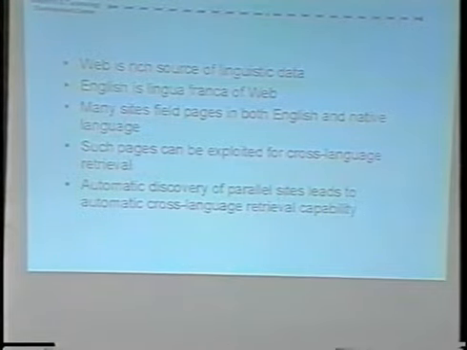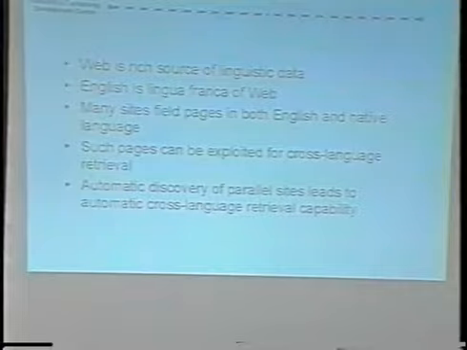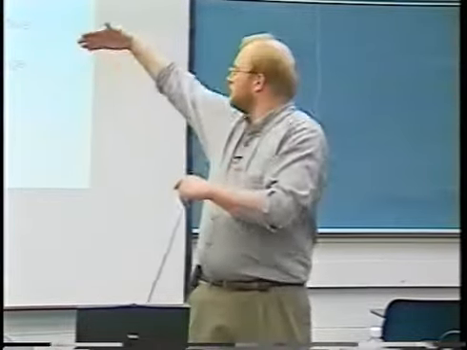That's changing now, but there's still a lot of sites out there that have both English and another language. And so if you can go out and find these things, then you have a ready source of parallel documents. And so we are actually building a web spider that will attempt to automatically harvest these parallel collections, throw them into that architecture I showed you before, so that we can actually take a new language, plug in an English query, and do retrieval, even without any actual translation software.